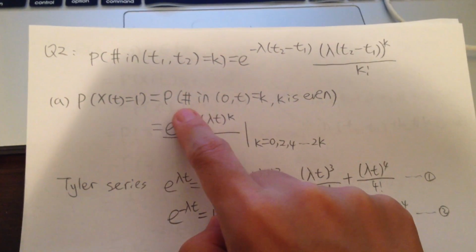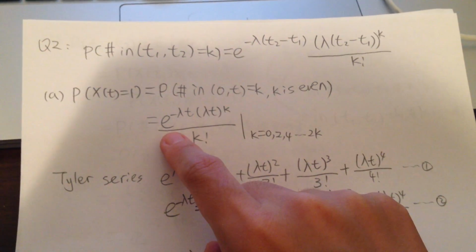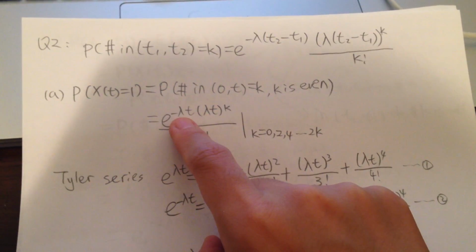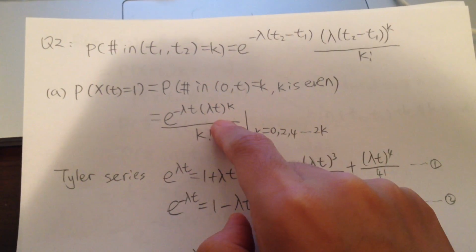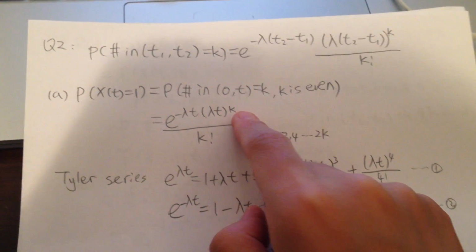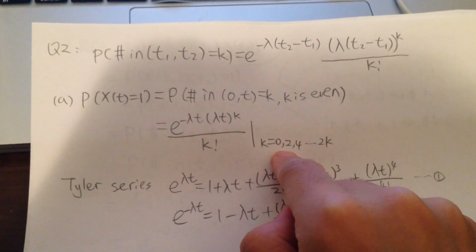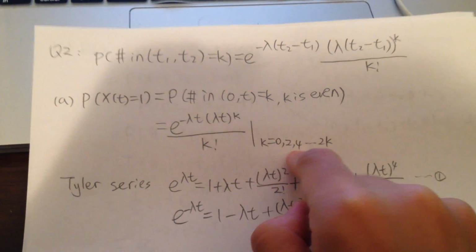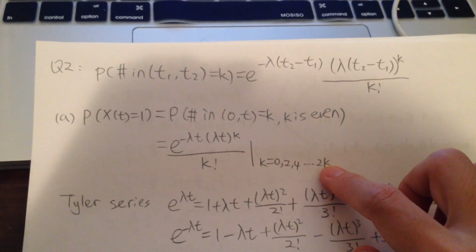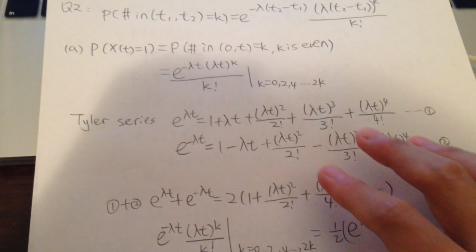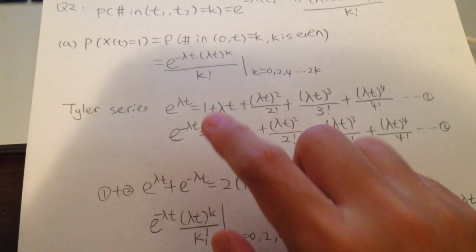Following this formula, the answer is e to the power of minus lambda t times the sum of (lambda t) to the power of k divided by k factorial, for k equal to 0, 2, 4, up to 2k. To solve this, we should know the Taylor series first.